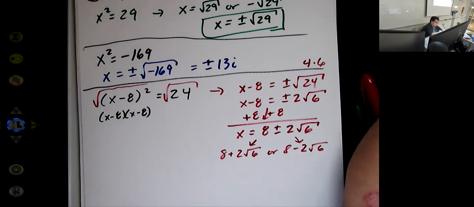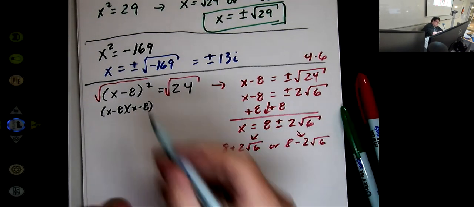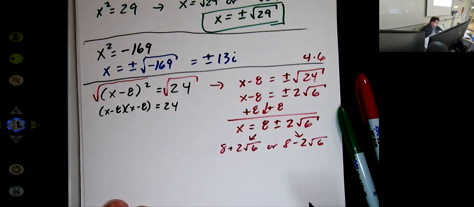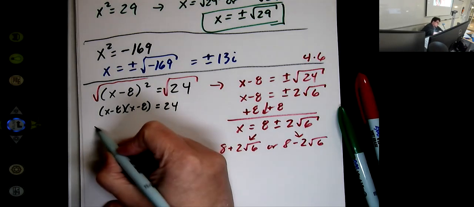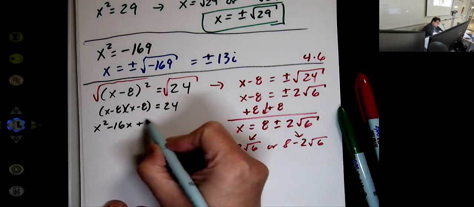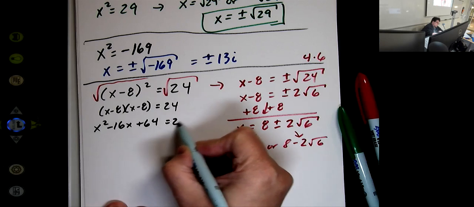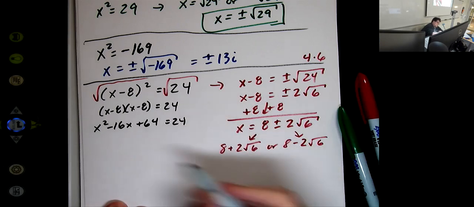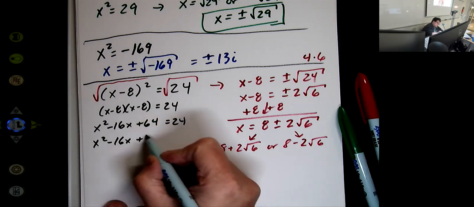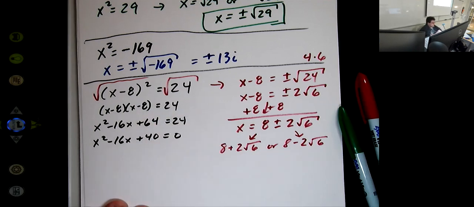And the way I'm going to motivate that is I'm going to work this out the other way real quick. Let's figure out how I would have done this the other way. If I had multiplied this out, I would have had x squared minus 16x plus 64 equals 24. And I would have had x squared minus 16x plus 40 equals 0.